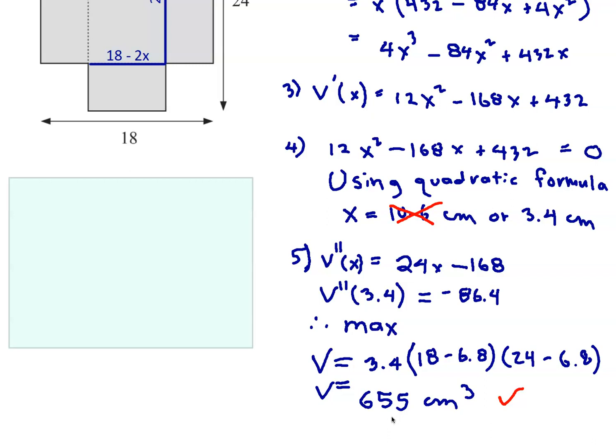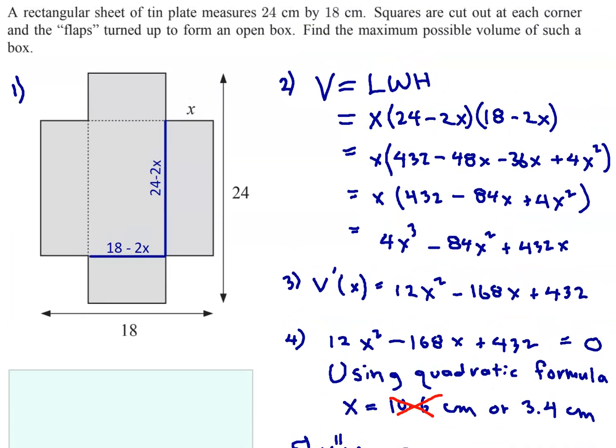Now the last thing we have to do is consider the domain for this function. Let me go back up and show you the whole piece of tin again. x can be as small as 0, which means you basically don't cut out anything at all. I guess it really can't be 0, because you don't have a three-dimensional tin in that case. So x must be bigger than 0, and the biggest it could possibly be is 9, because 9 plus 9 means you've got no tin left.